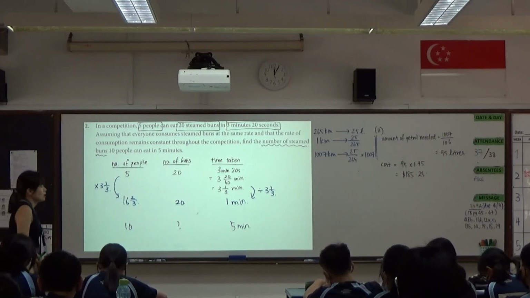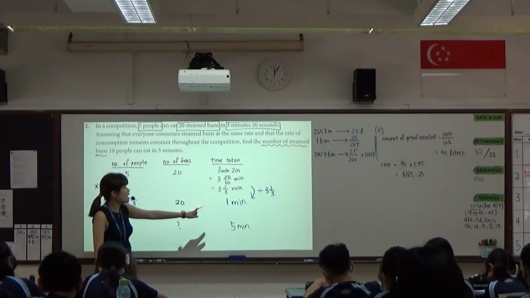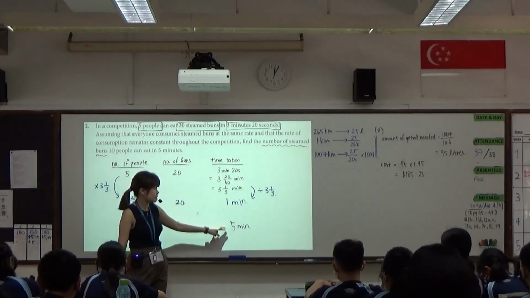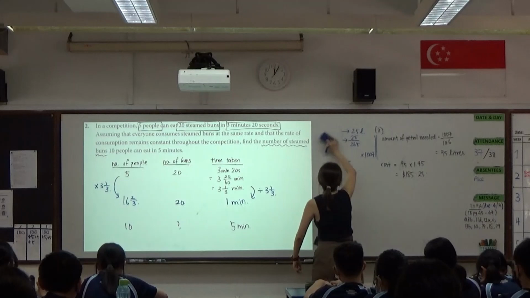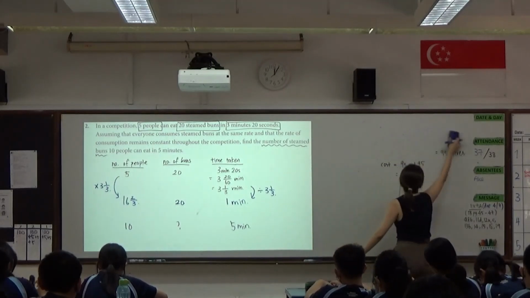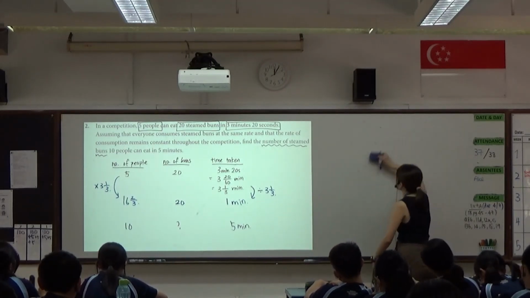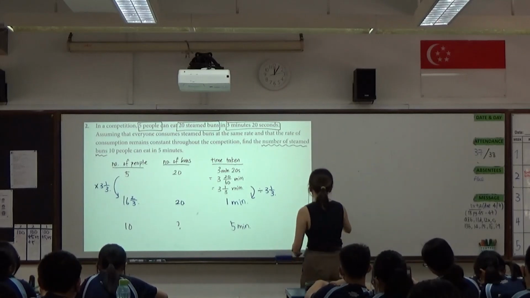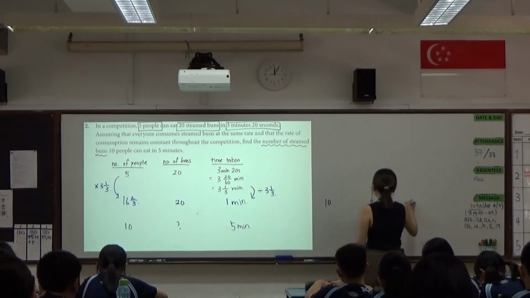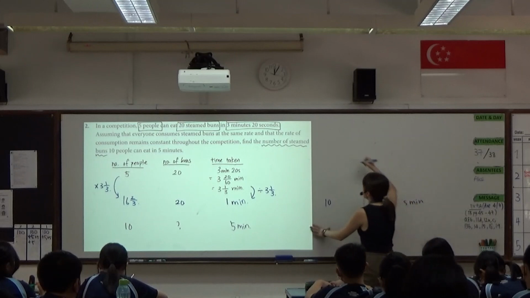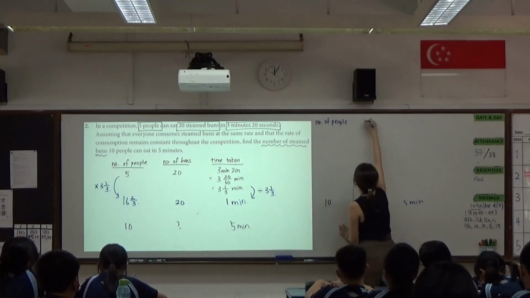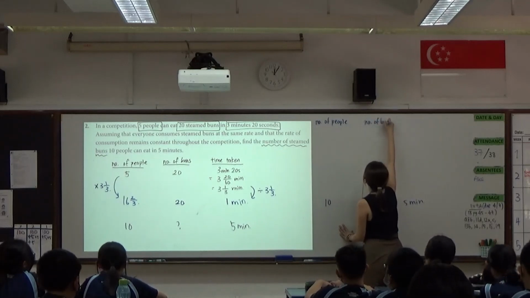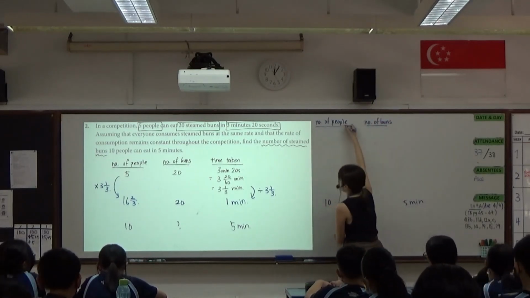Because our eventual goal is 5 minutes, I don't have enough space over here, so I need to continue that side up. Our goal is 10, question mark, 5 minutes: number of people, number of buns, and time taken.